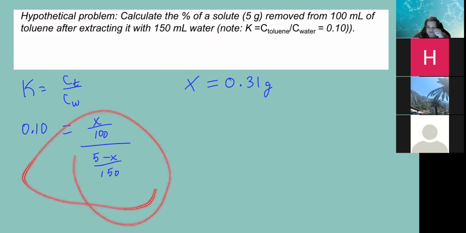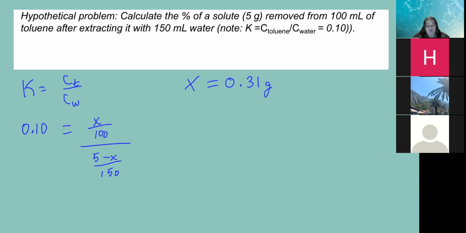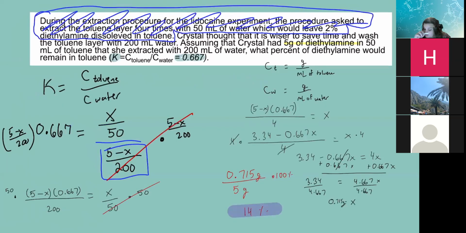Right, so after we math, X should be 0.31. However, in this question, you have to read it very carefully. It changes ever so slightly. It's asking for the percent of a solute removed from 100 mLs of toluene. In the previous questions, we were asked for the percent remaining.